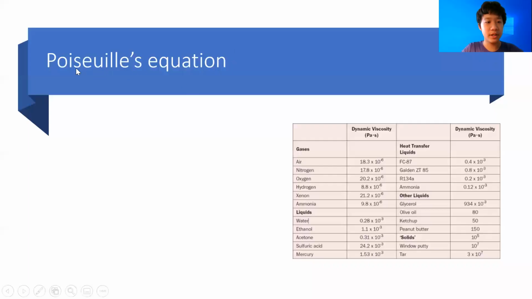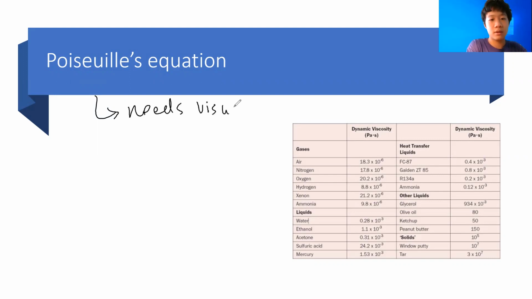All right, so now let's move on to the third equation for today, and this is Poiseuille's equation. This is the only equation we're going to do today that considers viscosity. This equation relates Q, which is volume flow per time, the amount of volume that passes every point in the pipe per time.